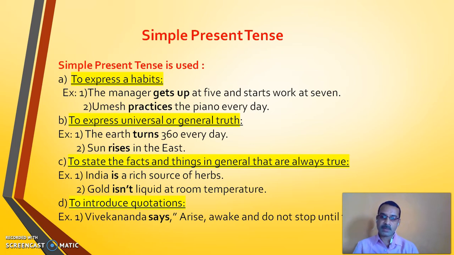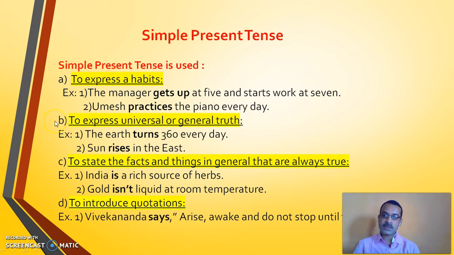This is a very important rule, and most of the students make mistakes while writing such sentences. So remember to use s or es in such examples, and also try to remember the use of simple present tense. The first use is to express a habit of a person.